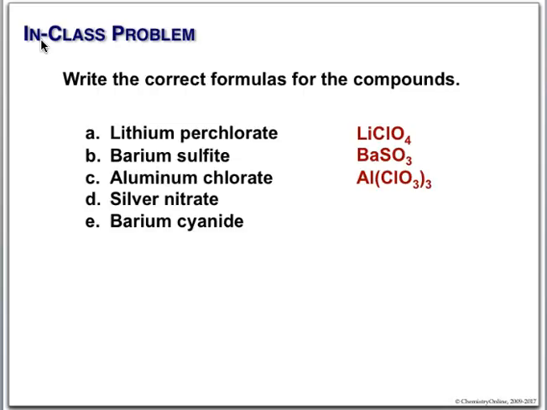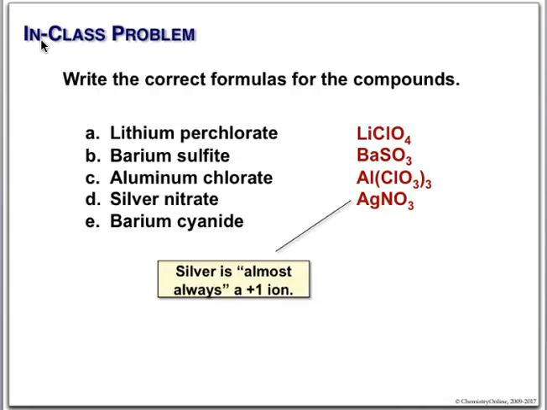It is so reliably +1 that we don't need to put down the oxidation number. Silver is an exception. We can just write Ag, nitrate is NO3, don't need to put our charge. There are a couple exceptions, but silver and gold are the good ones.